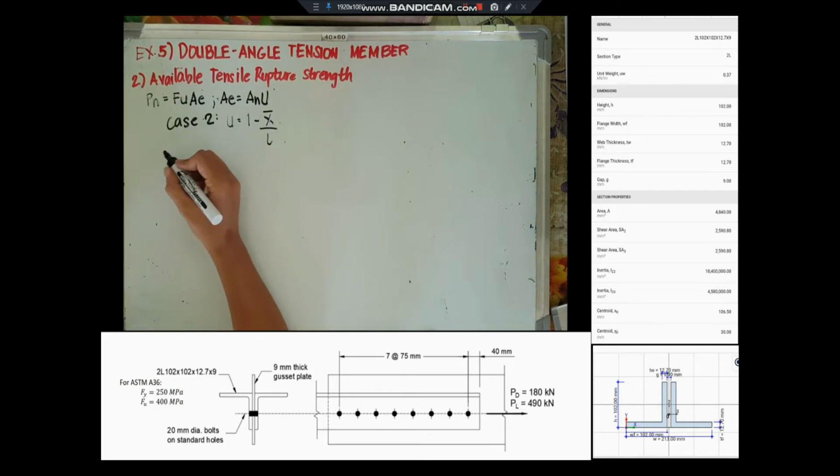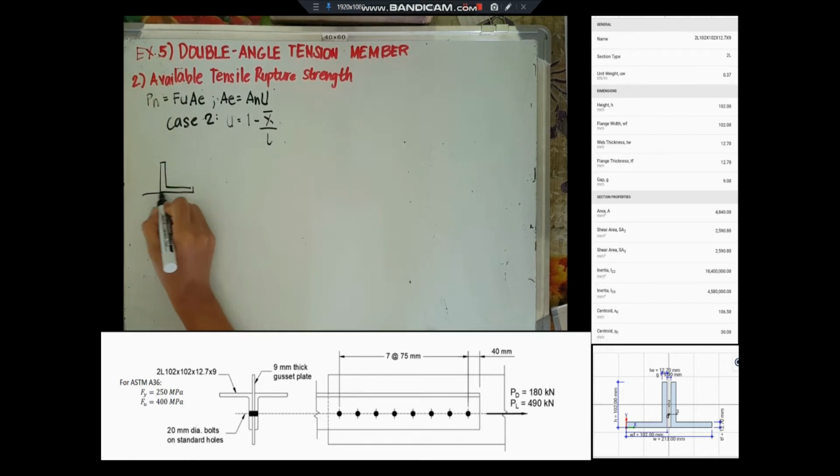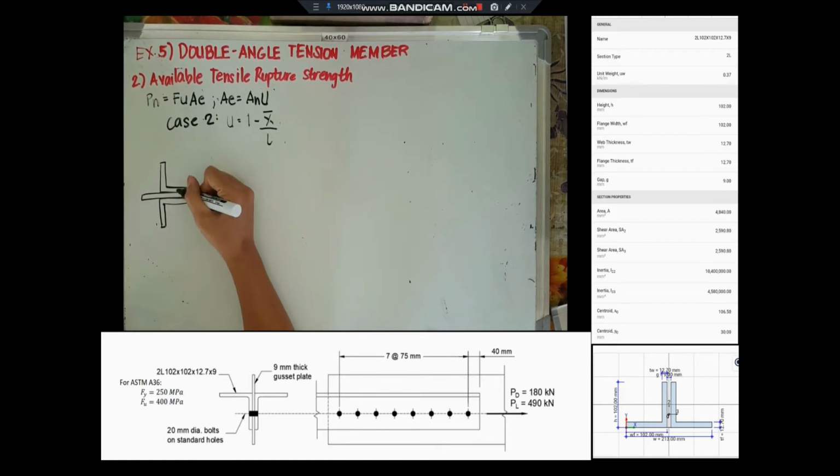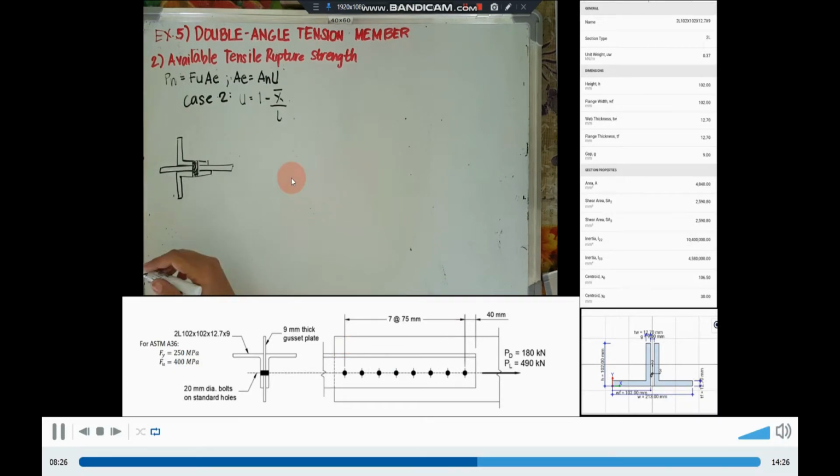So our connection eccentricity X bar, we will determine. Whether you consider the top or the bottom angle, it's the same.